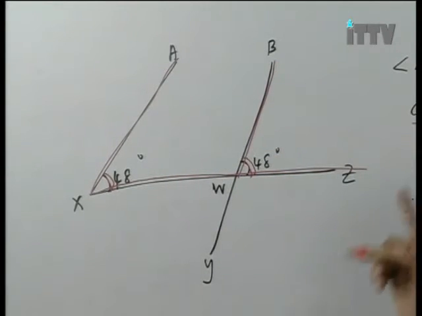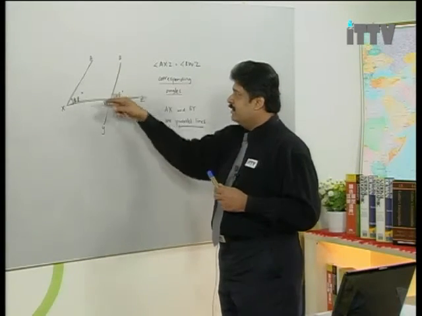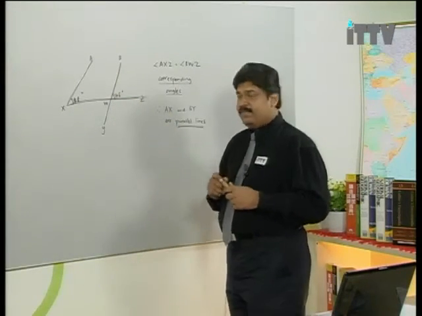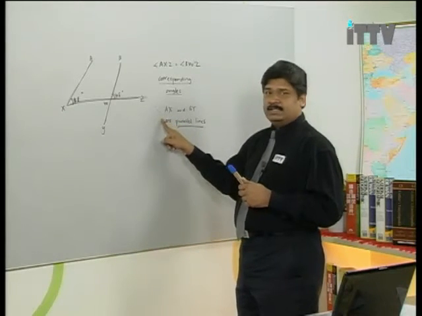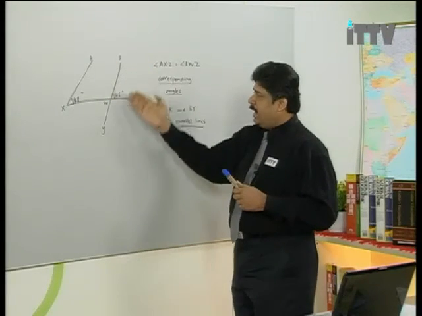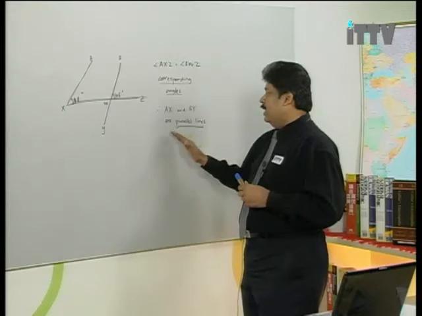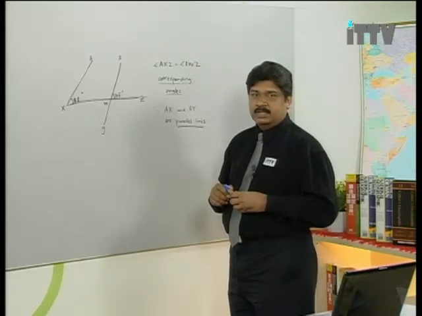If you remember, for corresponding angles, the letter that we used was the letter F. This is how the F looks. Therefore, in conclusion, we can say that line AX and line BY are parallel lines. It is that simple, students.